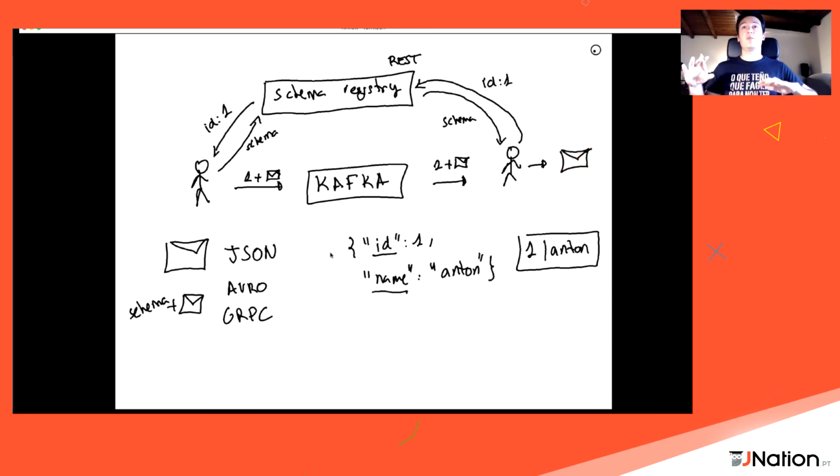So as you can see, it's much more efficient because we are not sending the schema in each message. We are only sending a number, and typically you are going to cache the schema in the consumer and in the producer side, so you don't need to do it for each request. There is also a benefit in the schema registry: you can have some compatibility rules.